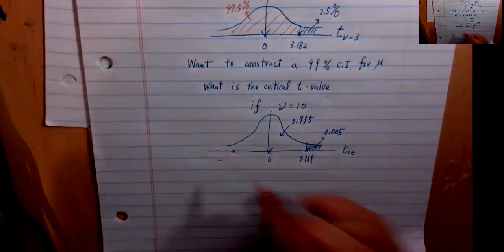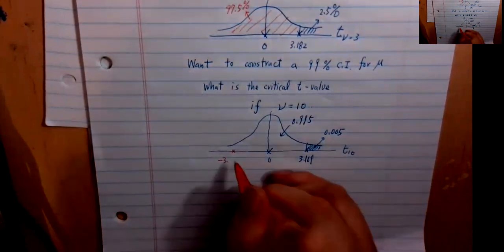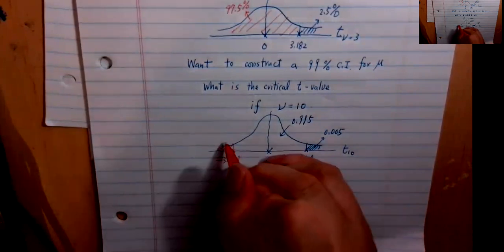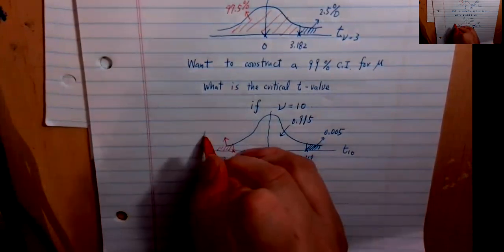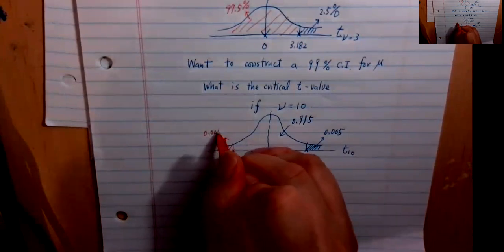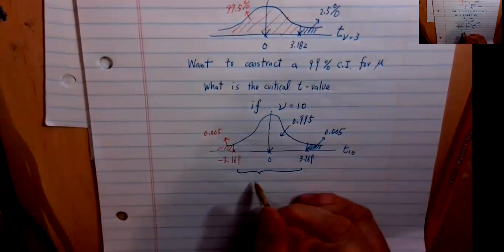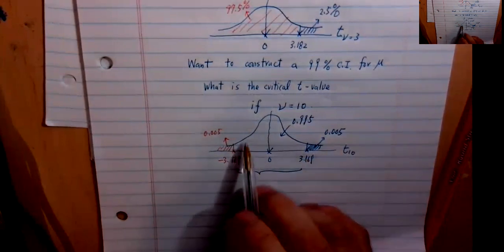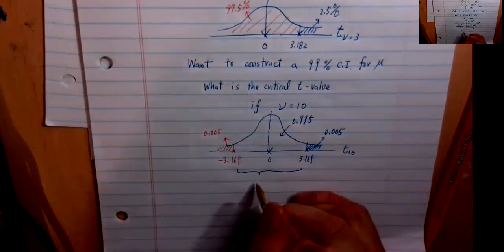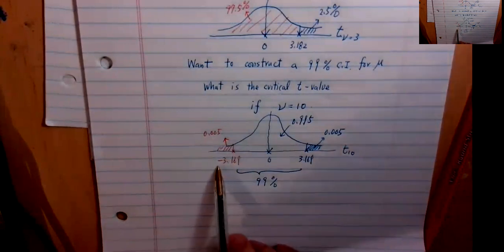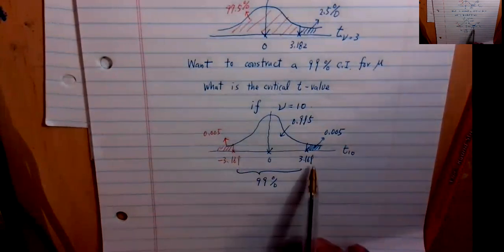So this is minus 3.169. This lower tail is also 0.005. So the middle area is 99%.